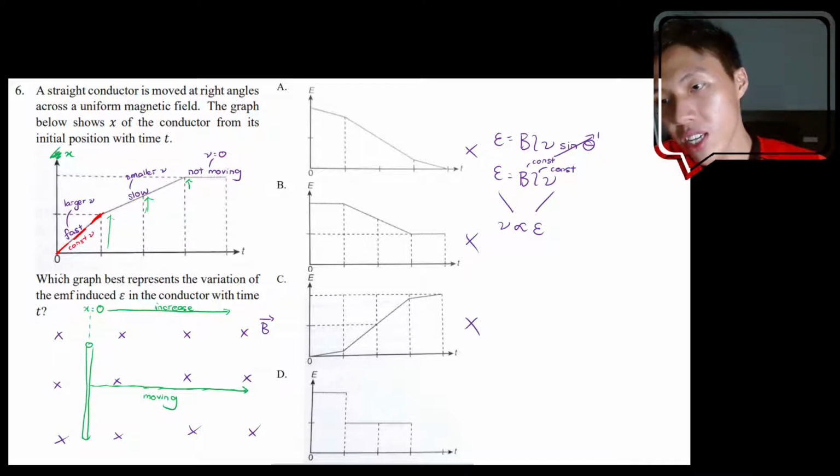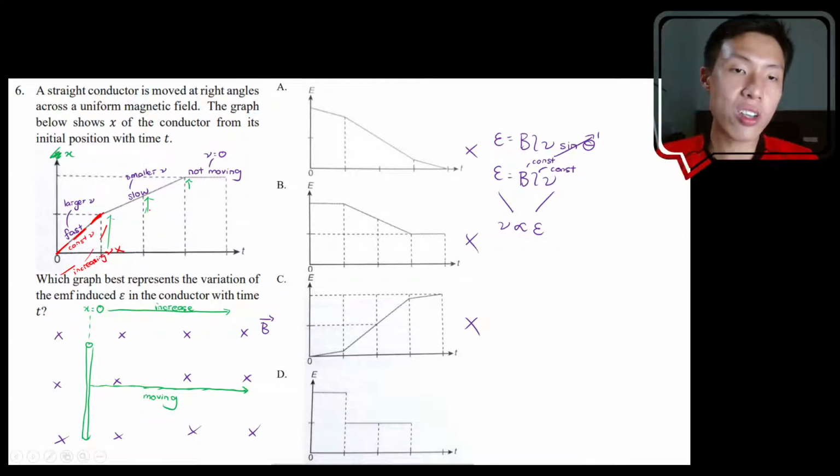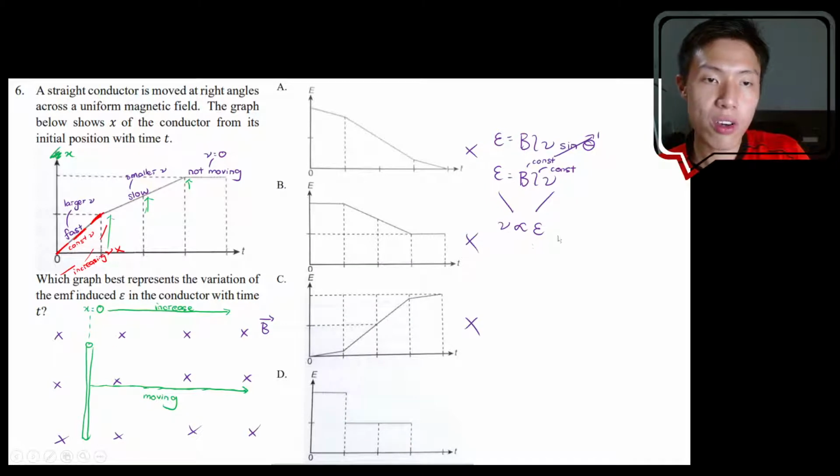If your gradient is changing like this, then this is called increasing V. But that is not the case. If your V is constant, then you expect your EMF to be constant as well. That's why you see a constant EMF for the first section.